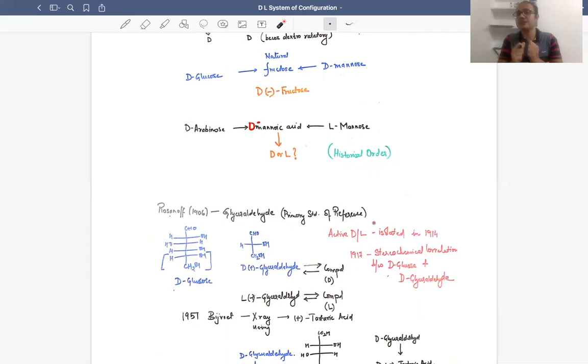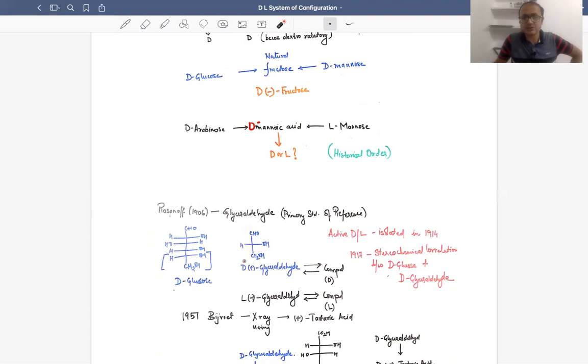It was done only in 1914, but this proposition of glyceraldehyde as a standard was proposed in 1906, a very early time. So at that time, he suggested that since it has one chiral center, you expect two stereoisomers, one would be dextro, one would be levorotatory. So he suggested that the dextrorotatory form would have this particular configuration.